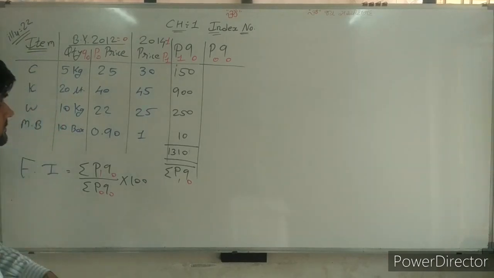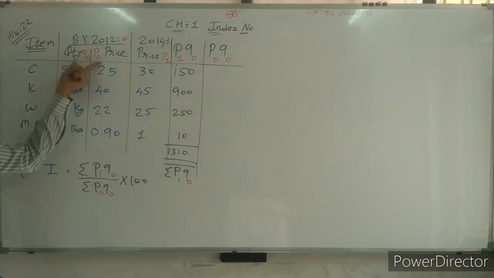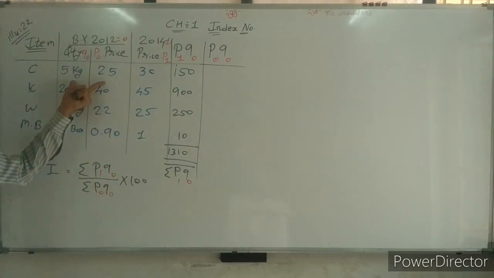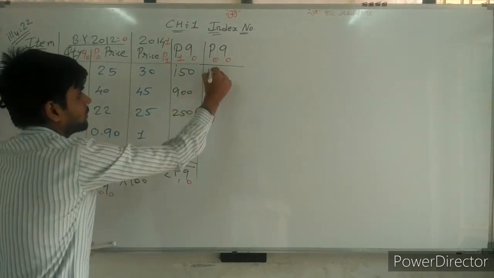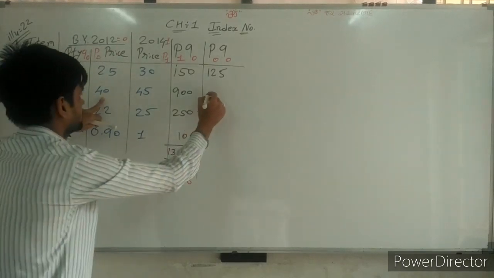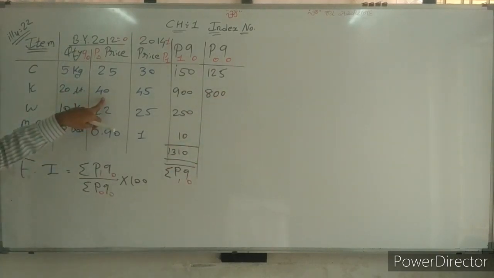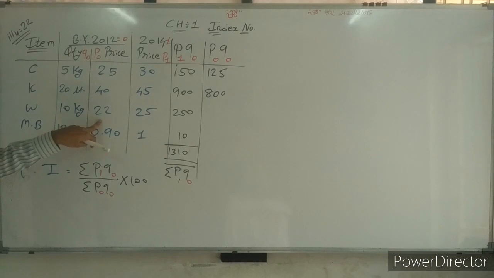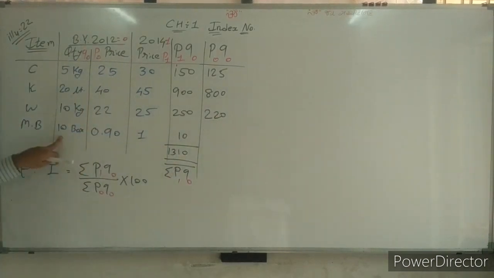Going ahead, P0Q0. So my P0Q0 item is 25 into 5. 125. 20 into 40. 800. 10 into 20. 220. 10 into 0.90.